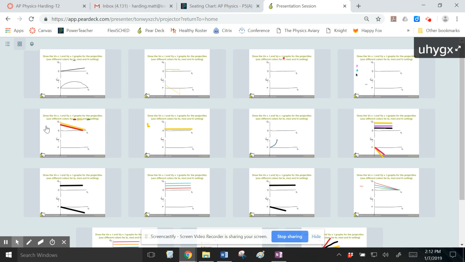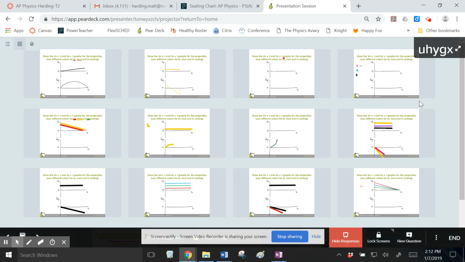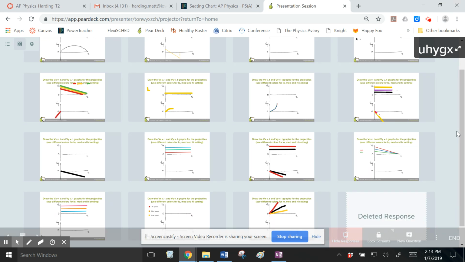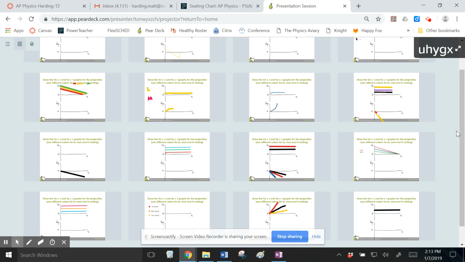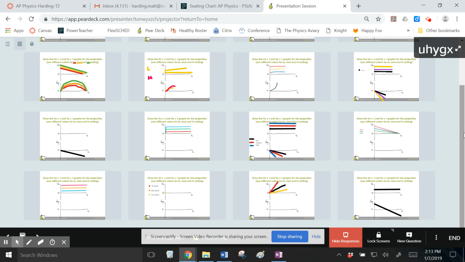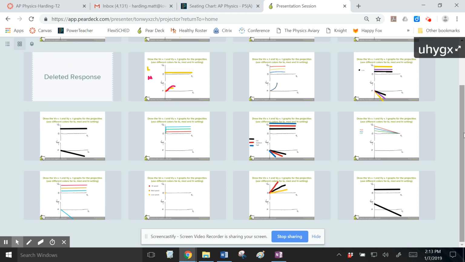Right now, I'm just asking you to think about the velocity versus time graphs. Something that might help you with the velocity graphs is to go ahead and think about, or maybe even sketch in your notebook, what the position versus time graphs look like.